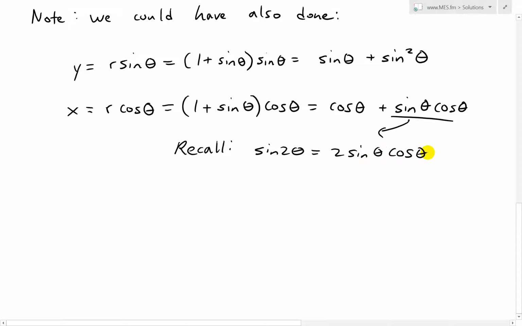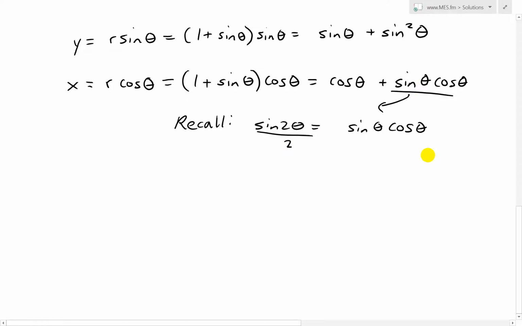So we can divide the 2 out, which gives sine theta cosine theta equals 1 over 2 sine 2 theta. So x equals cosine theta plus 1 over 2 sine 2 theta.